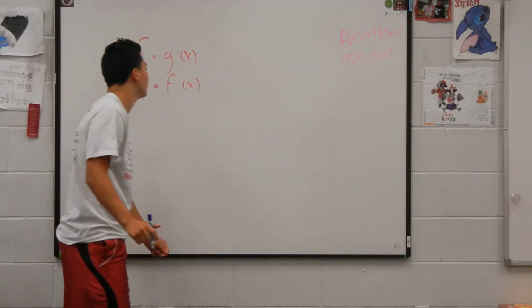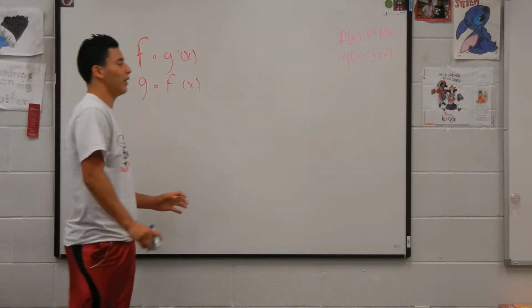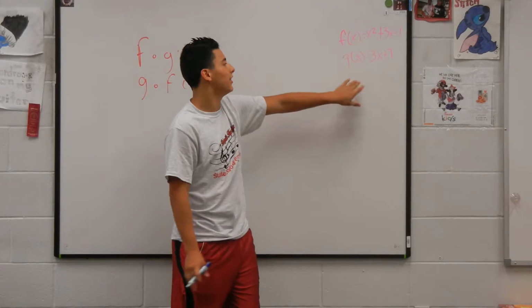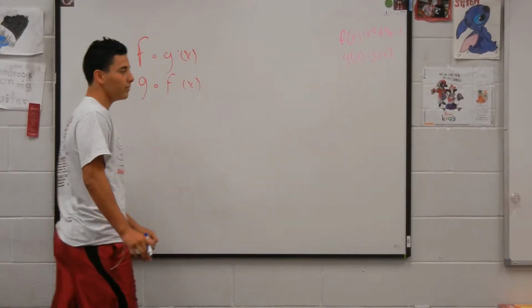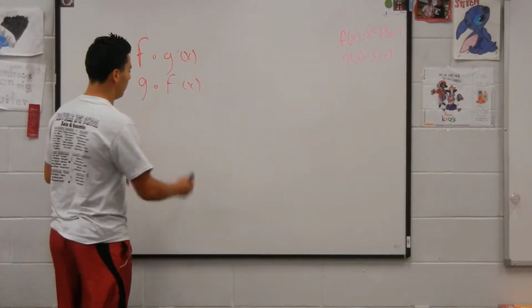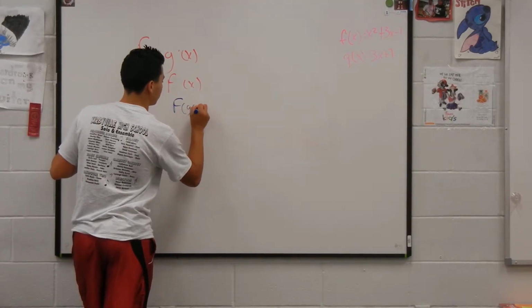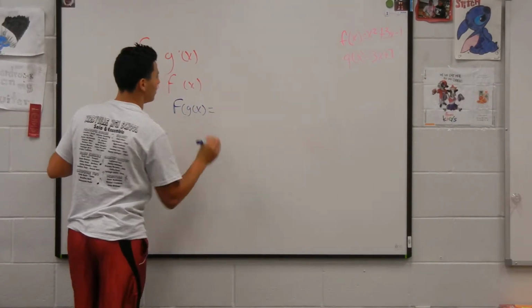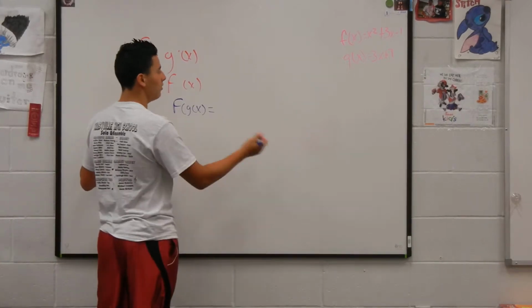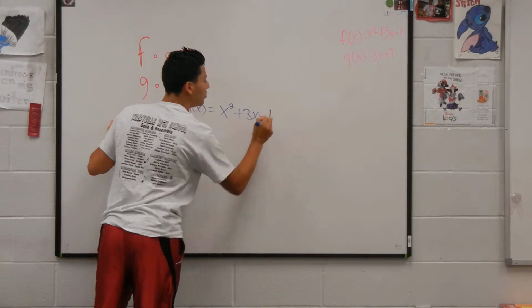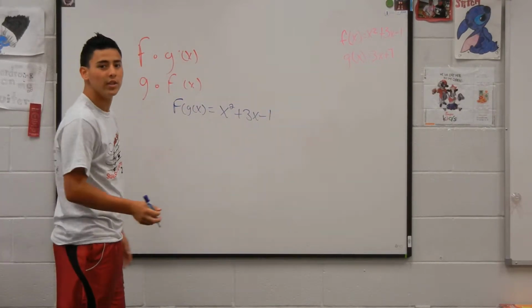All right. This one's a little harder because this is a quadratic and this is a linear. So, let me try it out. f of g of x equals, you already know if it's first, so it equals x squared plus 3x minus 1. Okay?